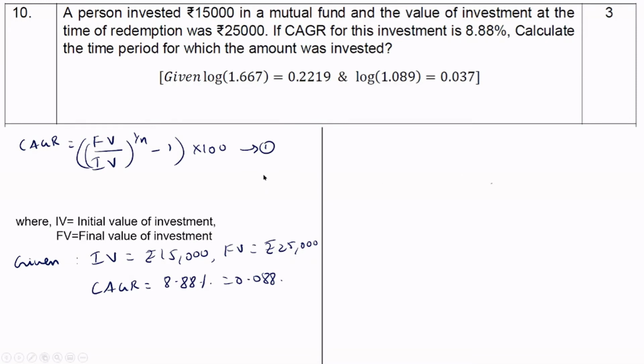From 1 we have 0.0888, so this is the compound annual growth rate. This is equal to the final value, 25,000, upon the initial value of investment, 15,000, the whole raised to 1 by n, minus 1.